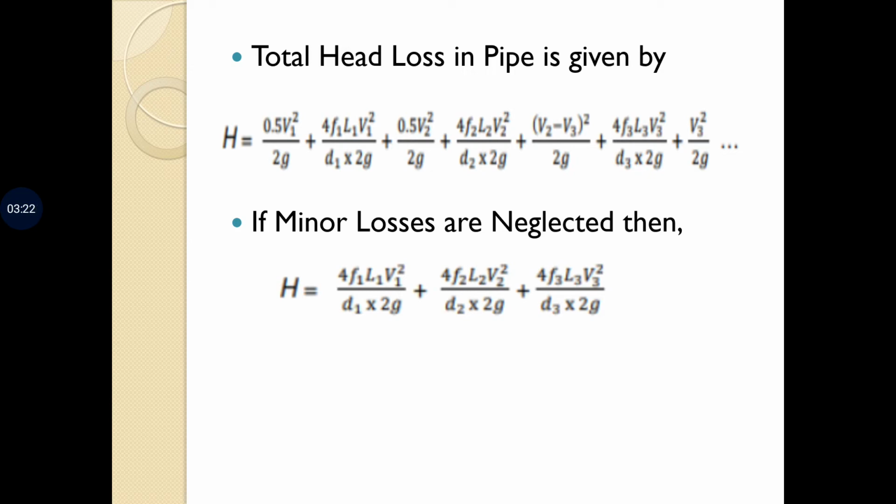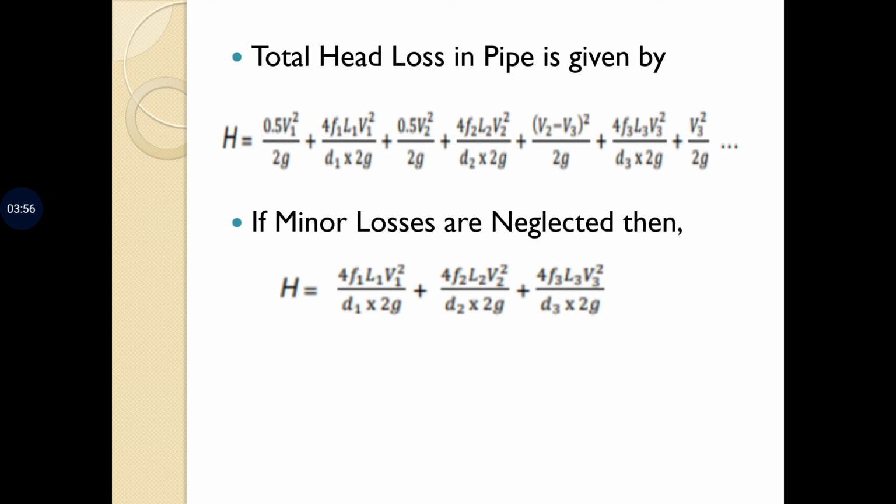Next, the fluid flows through pipe number 2 and the loss can be given as f2 L2 V2² / 2g D2. Next is sudden expansion, which can be given as (V2 − V3)² / 2g. Next, the fluid flows through pipe number 3, so the equation is 4 f3 L3 V3² / 2g D3, and at exit it is V3² / 2g. This complete equation will give us the head loss H.